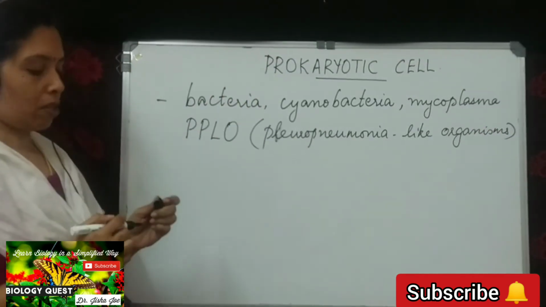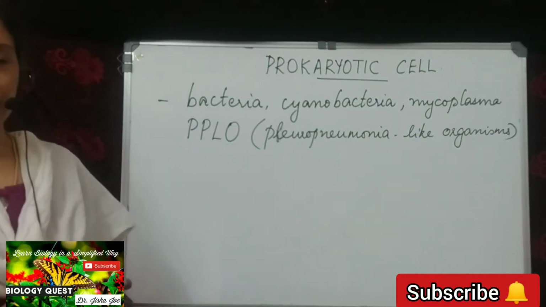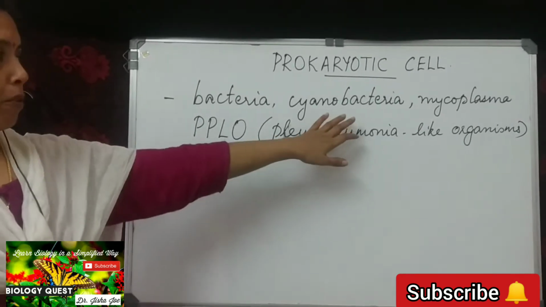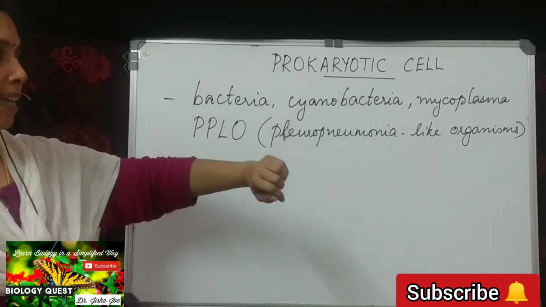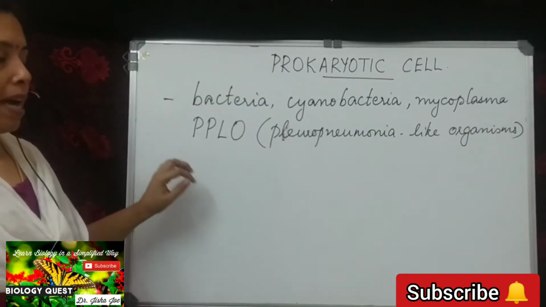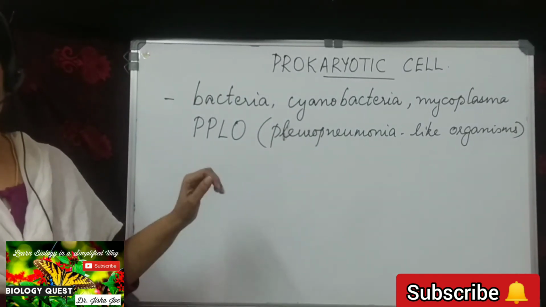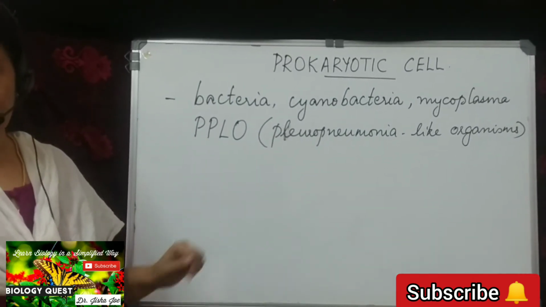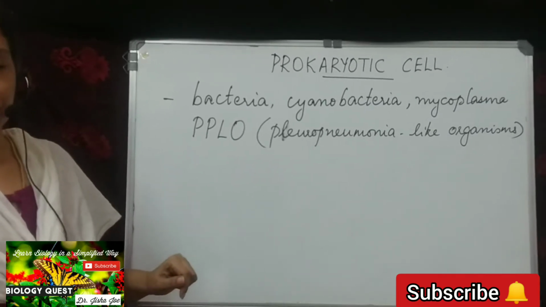So, prokaryotes include bacteria, cyanobacteria. Cyanobacteria are the blue-green algae, mycoplasma and PPLO, which are the pleuropneumonia-like organisms.